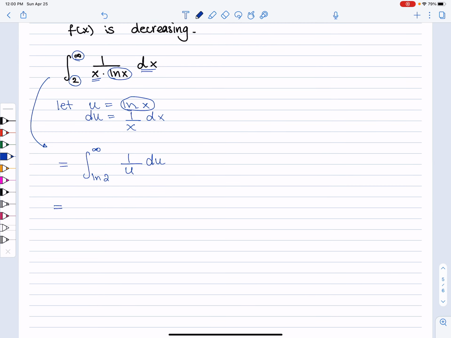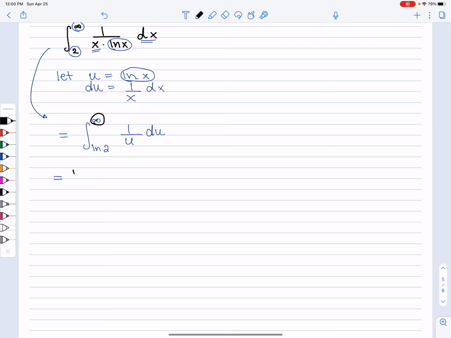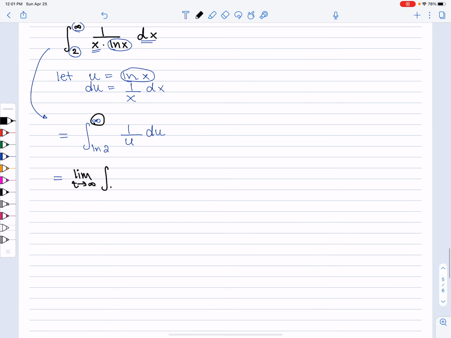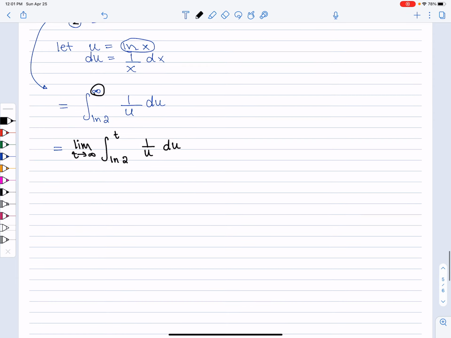Okay, so one more time. We do have an improper integral, and because we have an improper integral, we have to take the limit. So let's take the limit as t approaches infinity. So we have the limit as t approaches infinity of the integral from ln of 2 to t of 1 over u du, which is equal to the limit as t approaches infinity of ln of u, evaluated from ln of 2 to t.